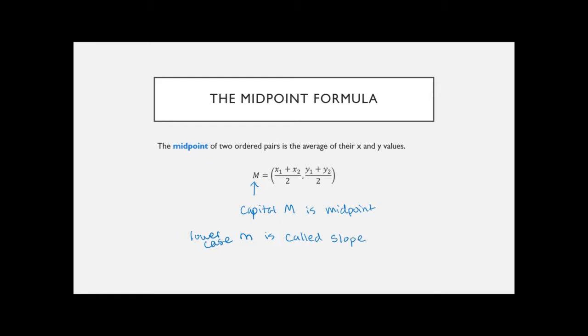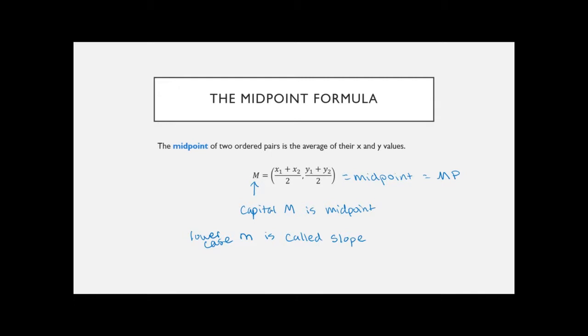So in math, there's a difference between capital letters and lowercase letters. Because they can get confusing, I usually just write midpoint, or sometimes you'll see it MP for midpoint. I generally don't use a capital M because it does get confusing with the symbol for slope, which is lowercase m.